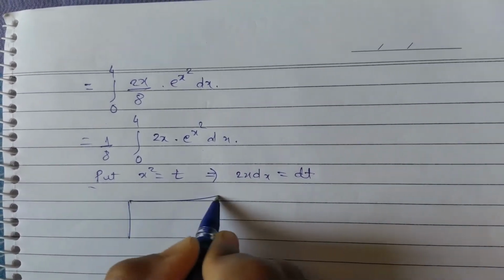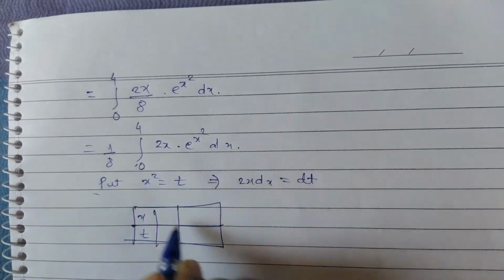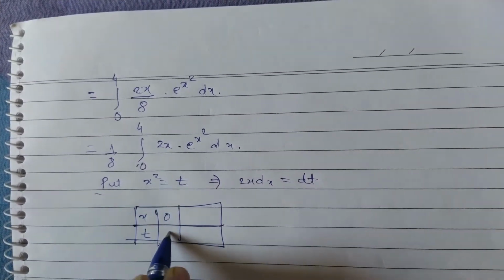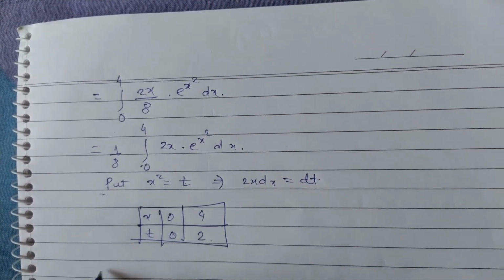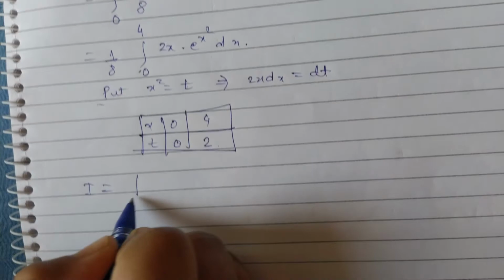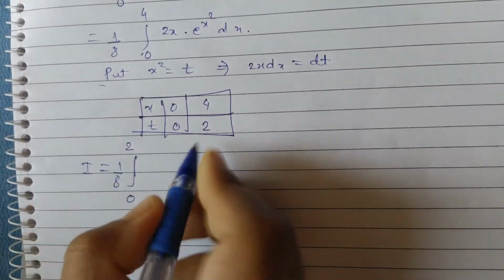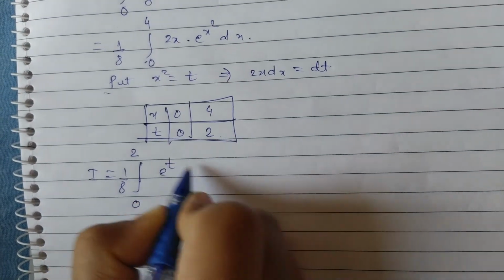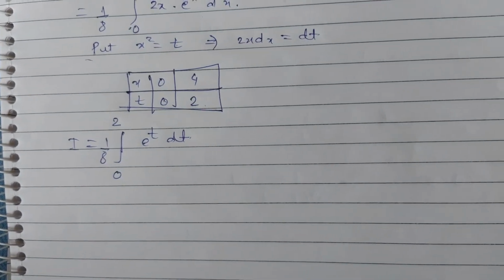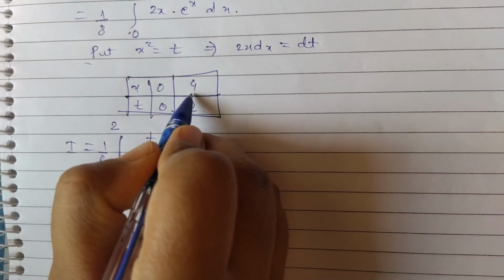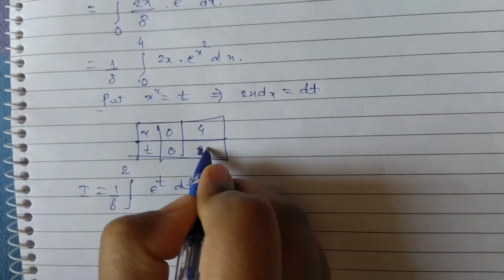For the limits, when x is 0, t is also 0. When x is 4, t is, sorry, x square equal to t, so when x is 4, t is 16.